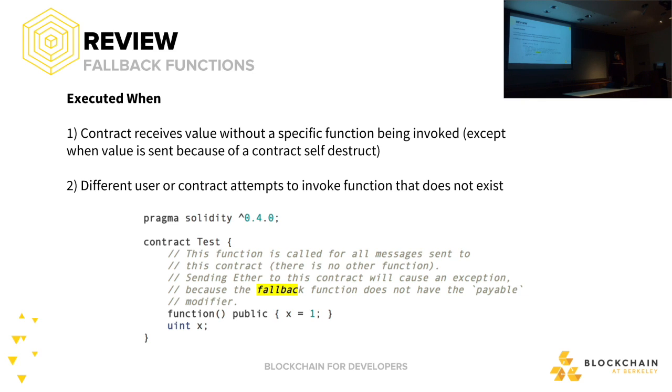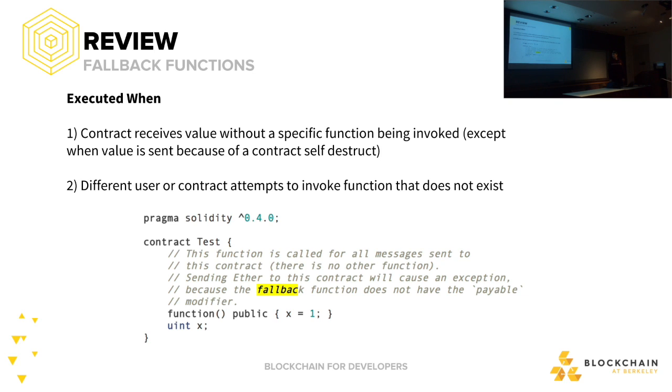For example, if I call some contract address .call.value and I send some ether to that contract, then the body of the fallback function is going to be executed. The second case is if I call some address of the contract followed by a function name in that contract that doesn't actually exist. Maybe I accidentally misspell the function name, or I'm trying to call something that the contract doesn't support or hasn't implemented.